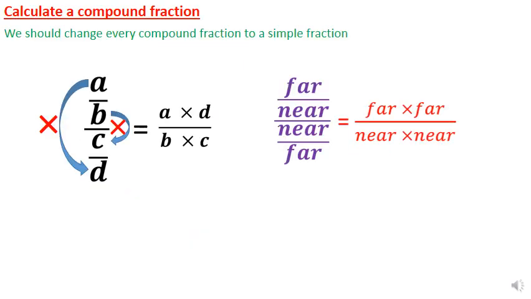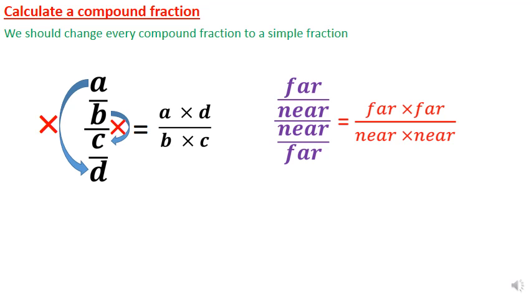I have only one rule to calculate the compound fraction, whether I have number over fraction, fraction over number, or fraction over fraction. One rule: far times far over near times near.